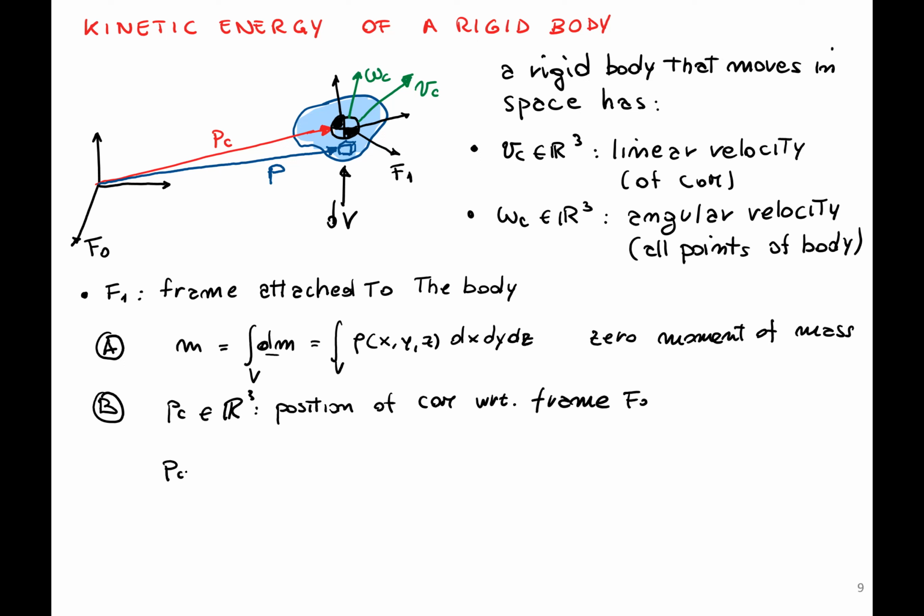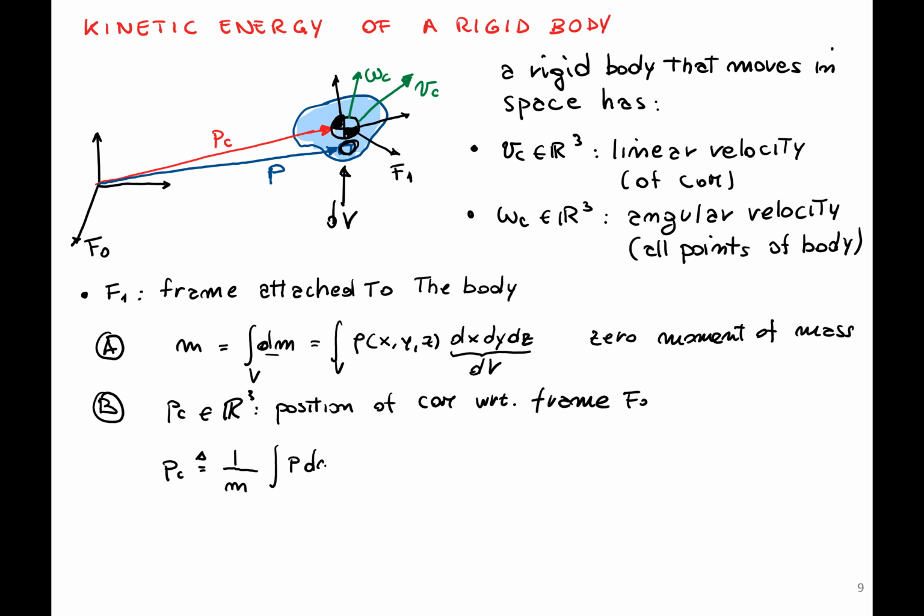And the definition of the center of mass is 1 over the total mass of the body times the integral of P dm, where P is the position of the tiny cube, the elementary volume we are considering when discretizing the rigid body.